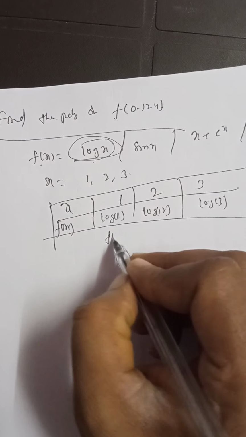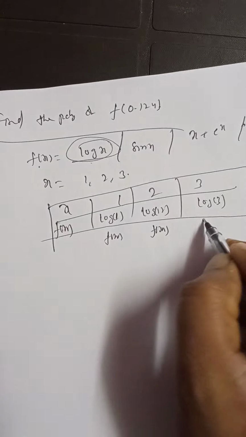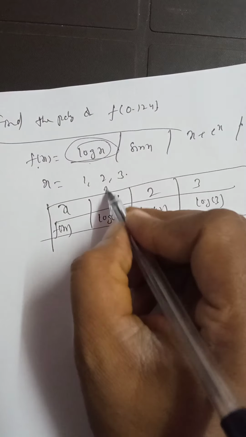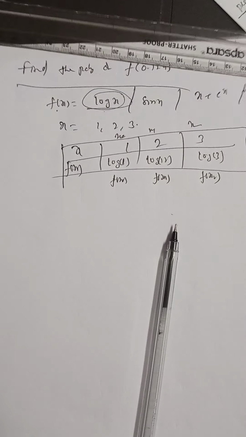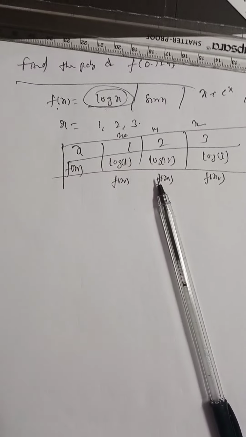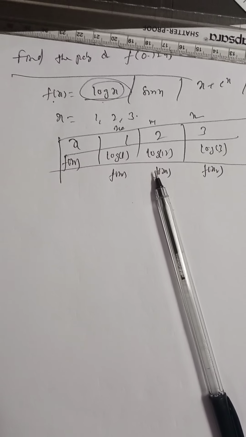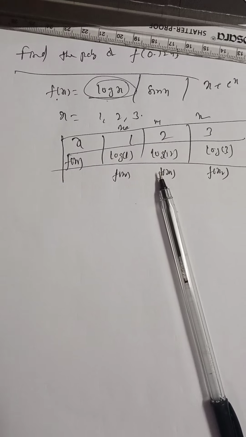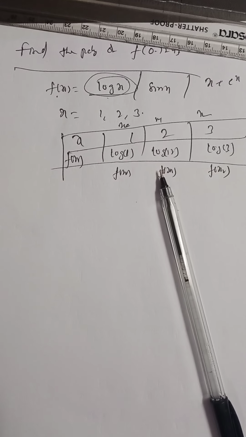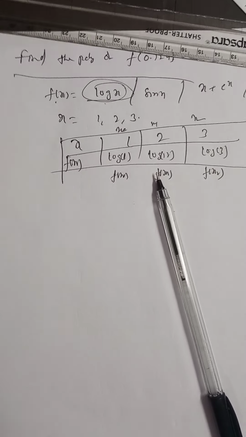Now we know this is f of x naught, this is f of x1, this is f of x2, with x naught, x1, x2. Now same as Lagrange's interpolation formula, we know that f of x is equal to L naught of x into f of x naught plus L1 of x into f of x1 plus L2 of x into f of x2, right?